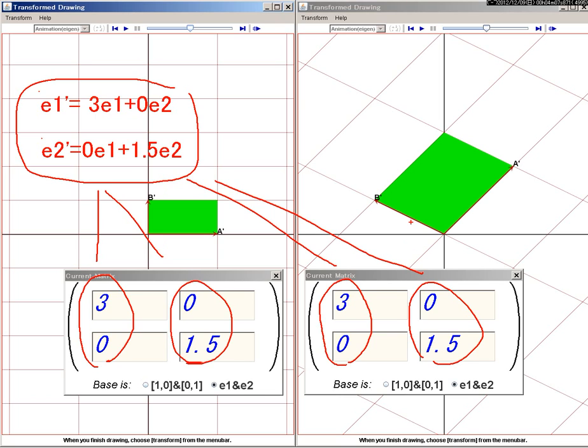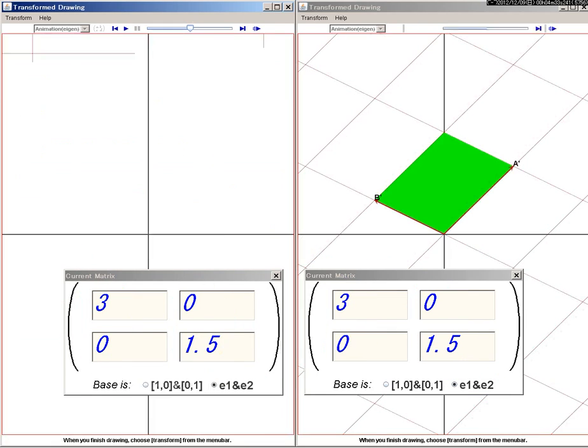So if you use this kind of matrix, you can see the striking similarity between A and B, and you can calculate this matrix by P inverse AP.